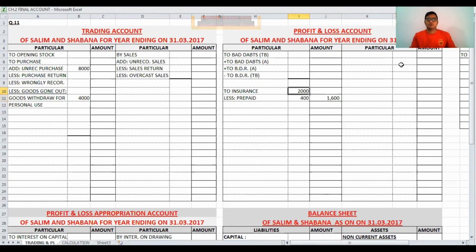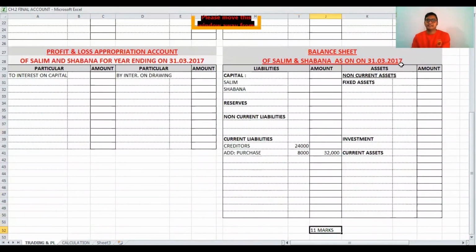First of all we write the insurance premium on the debit side, that is 2,000. From this 2,000 we deduct 400, net amount 1,600. The second entry is in the balance sheet current assets: prepaid insurance of 400. That 400 we have deducted; in the second entry on the balance sheet asset side we write prepaid insurance 400.